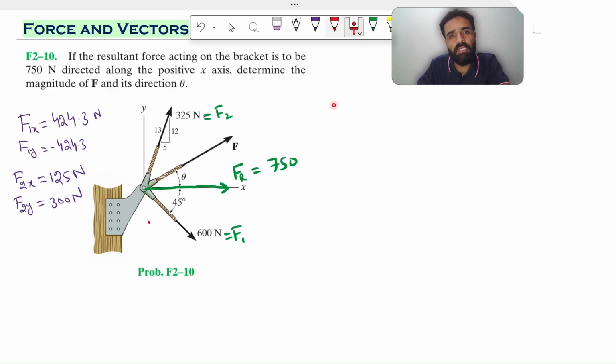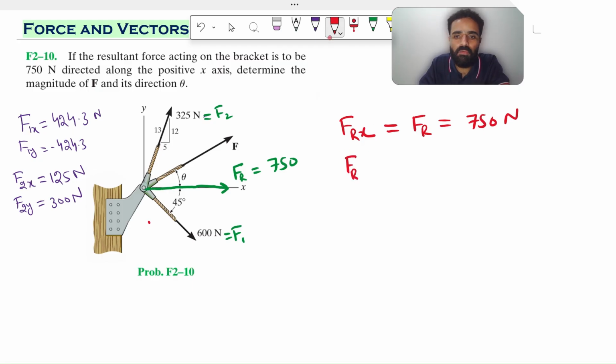Only the FRx, the horizontal component of the resultant force, is directly equal to FR, and its value is 750 Newton. So what will be the vertical component of the resultant force, FRy? It will be equal to 0 because there is no y component for this FR.